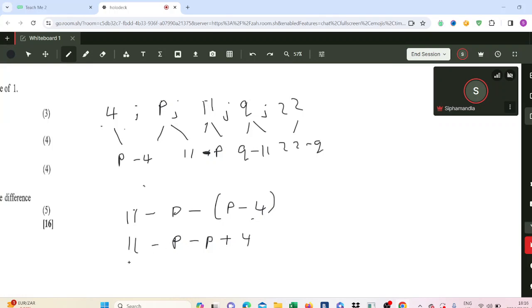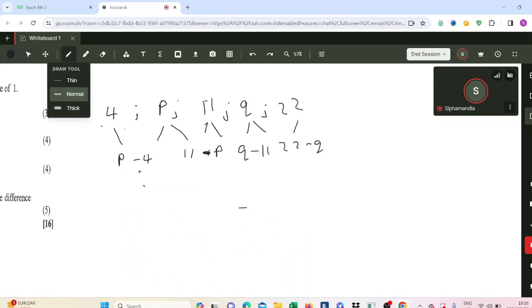Let's start with numbers: 11 plus 4 is 15, and then minus 2P. So here it's 15 minus 2P, and I'm done with this part.